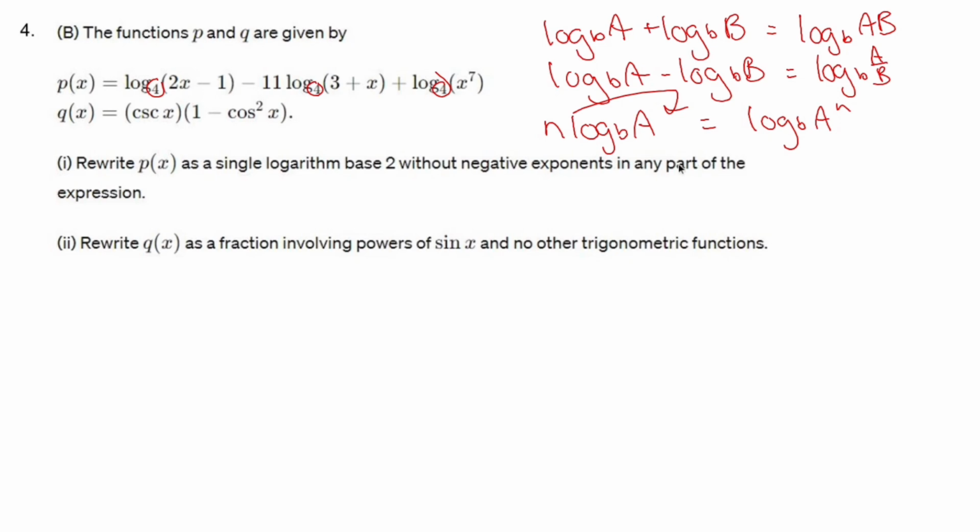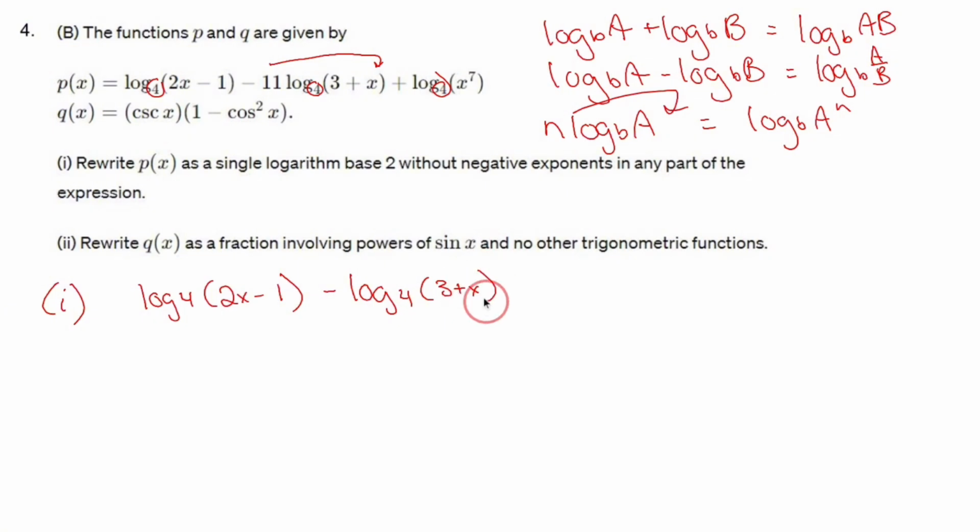So the first thing that I'm going to do is move that 11 up there. So log base 4 of 2x minus 1 minus log base 4 of 3 plus x to the 11th power plus log base 4 of x to the 7th.